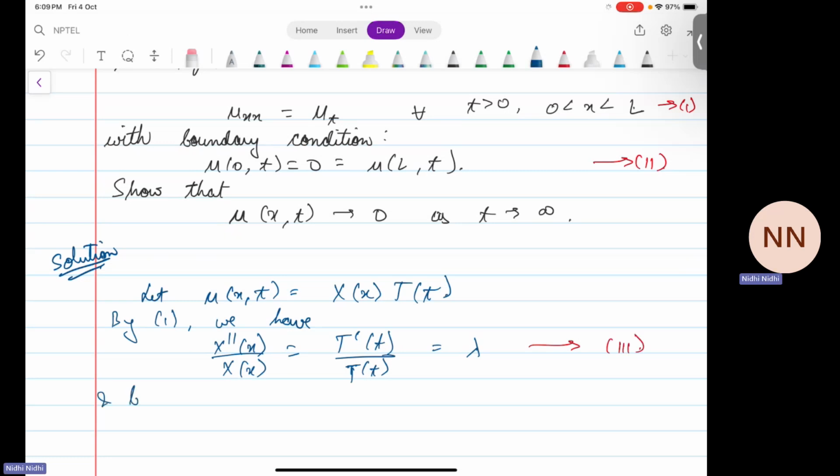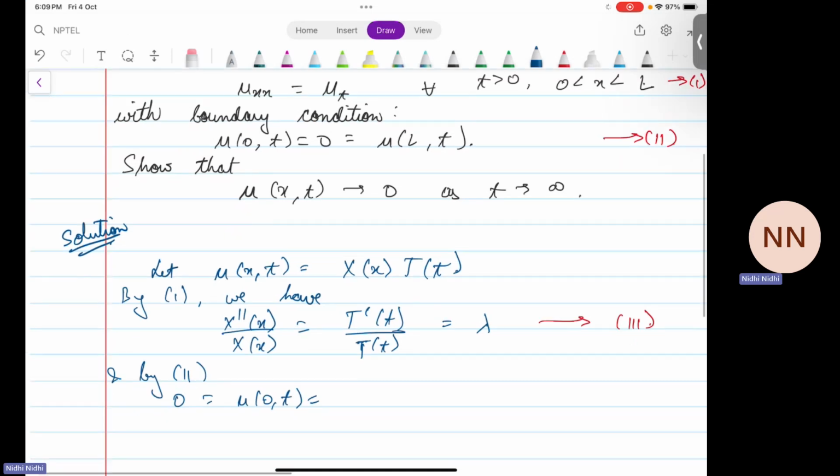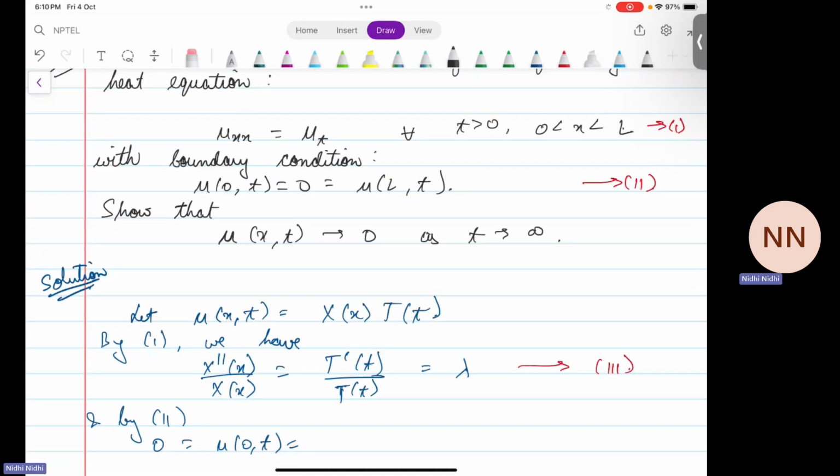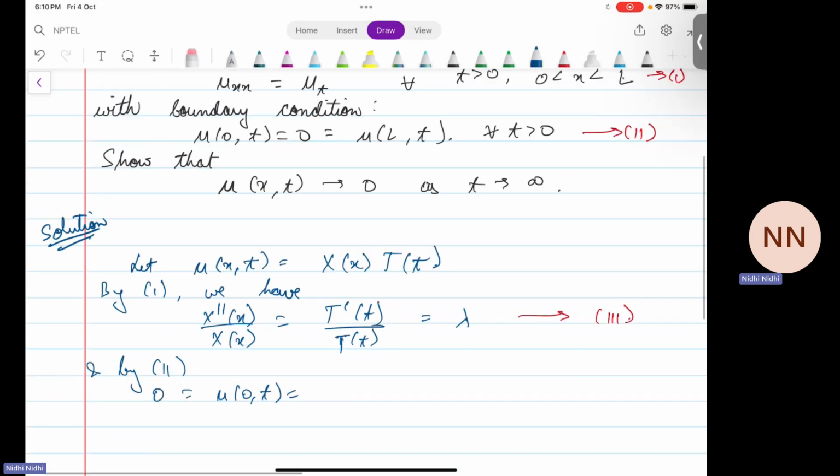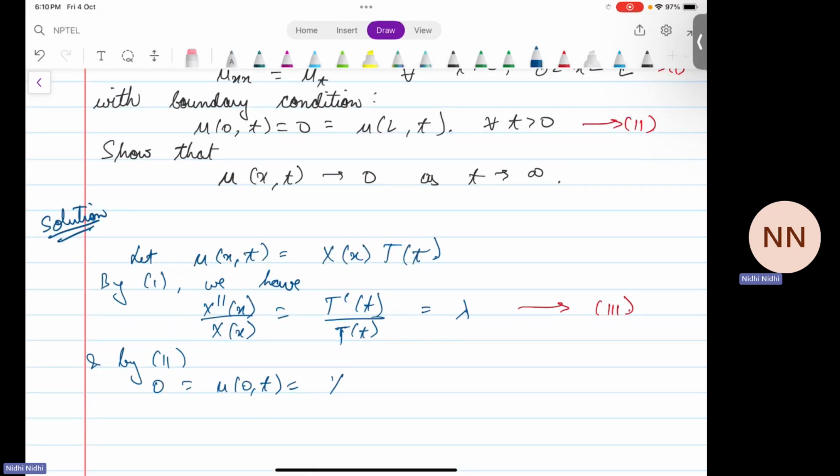And by the second, we have 0 is equal to u(0,t) for every t positive. So u(0,t) is basically X(0)T(t) for every t positive. This implies X(0) must be 0 because T is non-trivial.